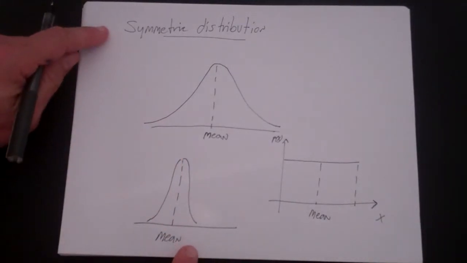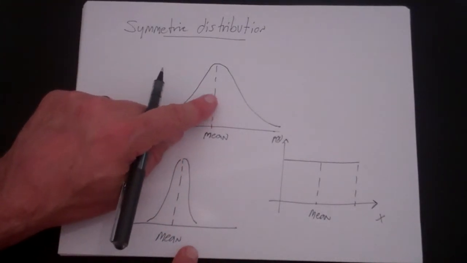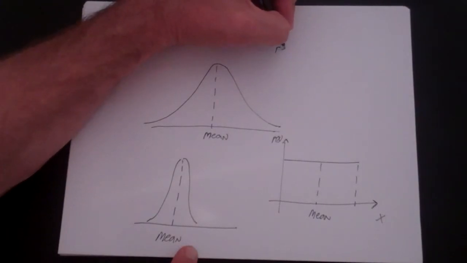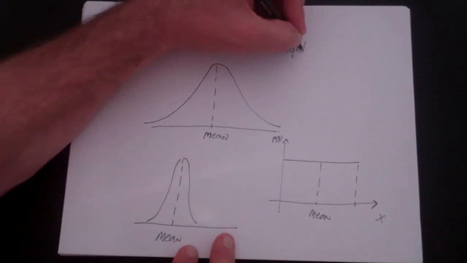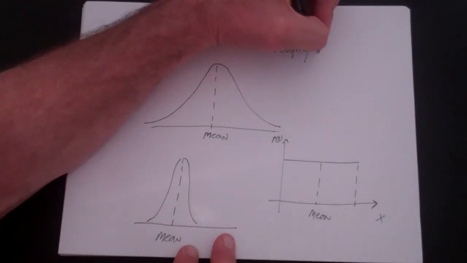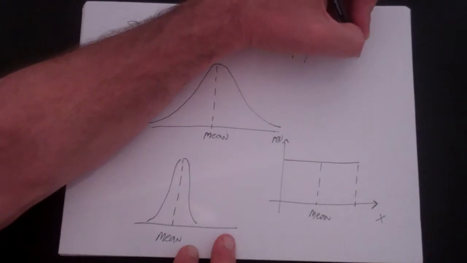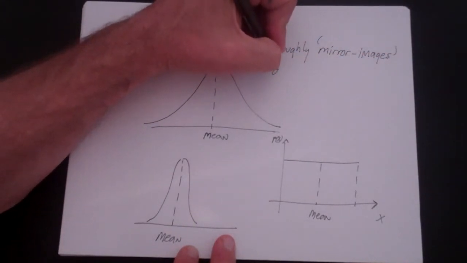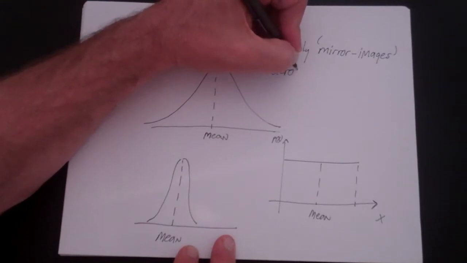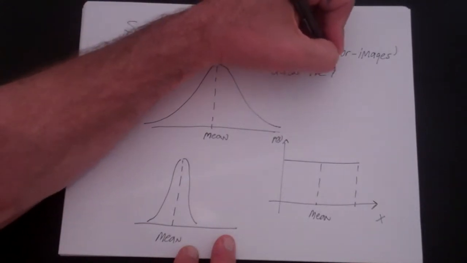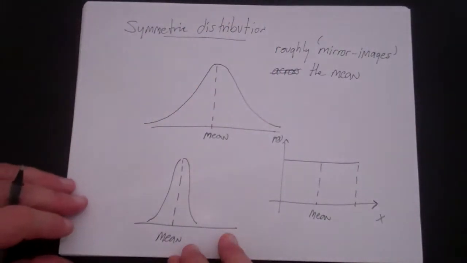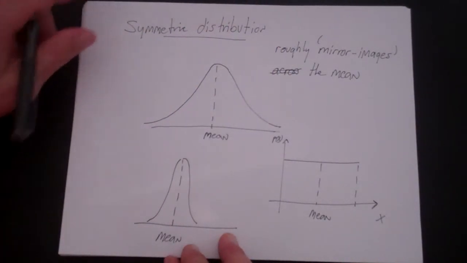And what symmetric means is that the graph looks roughly similar on each side of the mean, or roughly symmetrical, or mirror images. You can think of that as another word for symmetrical. They're roughly mirror images across the mean. That's symmetric.